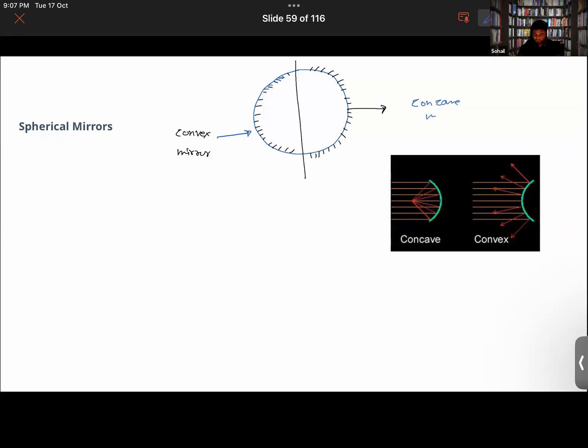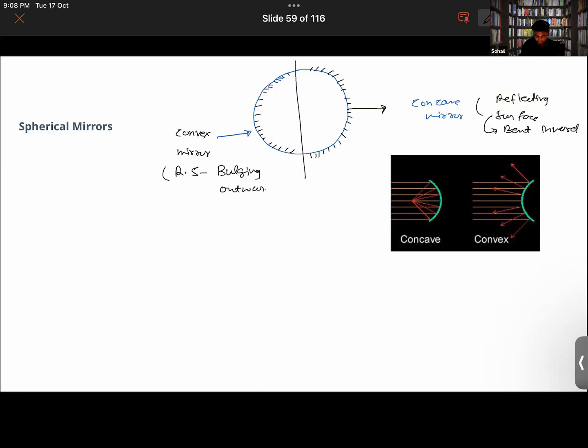Concave mirror. So we can see that the reflecting surface is bent inward, and here the surface is bulging outward.